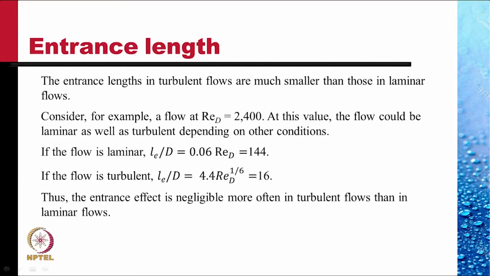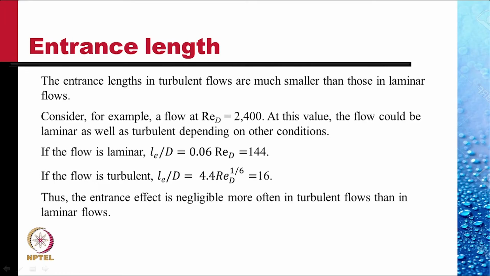The entrance length in turbulent flows is much smaller than those in laminar flows. Consider, for example, a flow at Reynolds number 2,400. At this value, the flow could be laminar as well as turbulent depending upon other conditions.